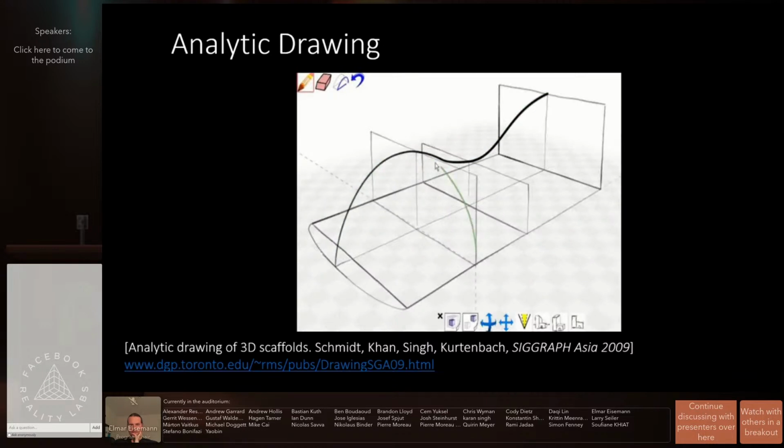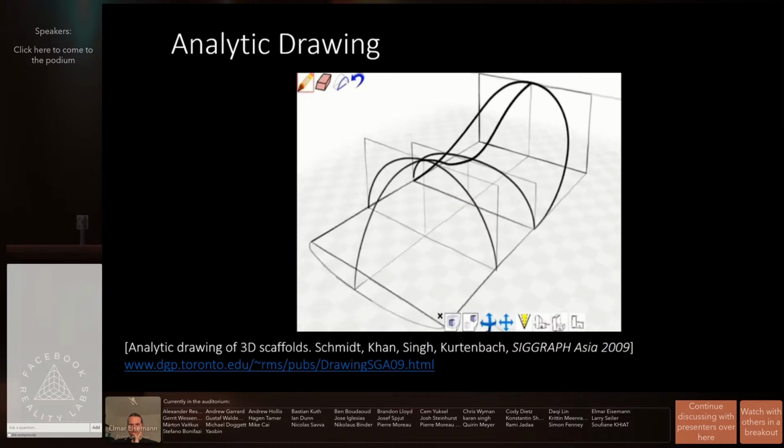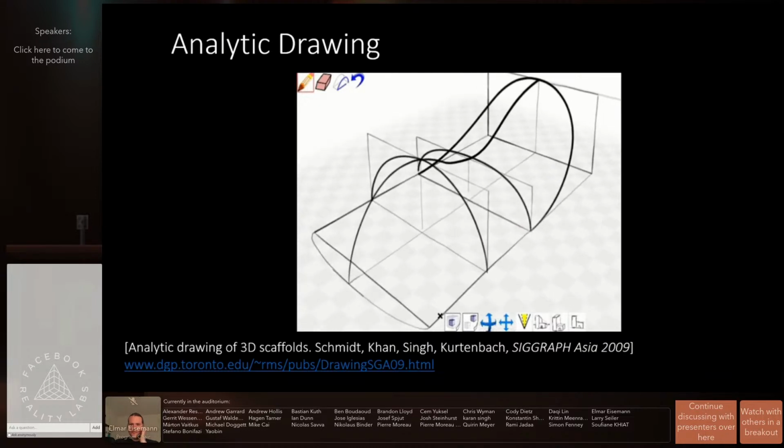As we see here, curves and scaffold lines are dealt with homogeneously using the same drawing interface and a probabilistic inference that lifts the 2D drawings into 3 dimensions.